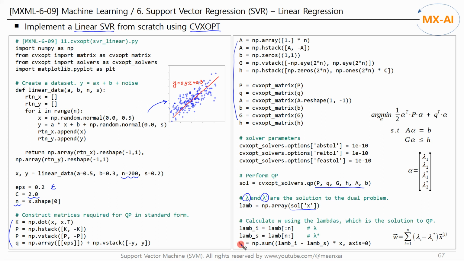Find W using the lambdas and lambda stars. The formula for finding W is like this. X is the training data.